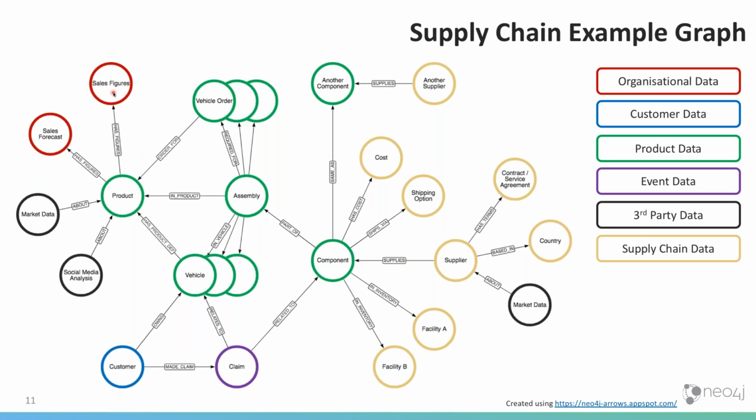We can take a look at sales figures for what we've sold already, sales forecasts for what we expect to sell, and then this gives us the opportunity to start understanding how we might want to make purchase decisions, right? Take what we know we have in inventory, subtract that from demand, which is more here on the left-hand side.